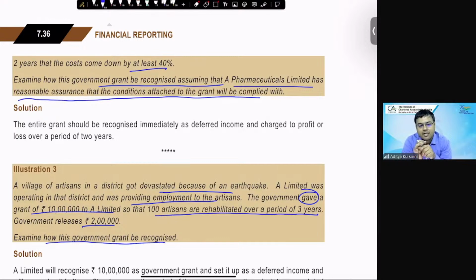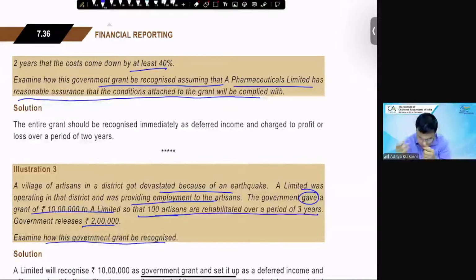Is it related to fulfillment of past conditions or future conditions? Future condition. What are my future conditions? There is only one: rehabilitation of 100 artisans over a period of 3 years. So in the next, it's the same, Hemant. Gave and release is the same. Okay, gave and release is the same.